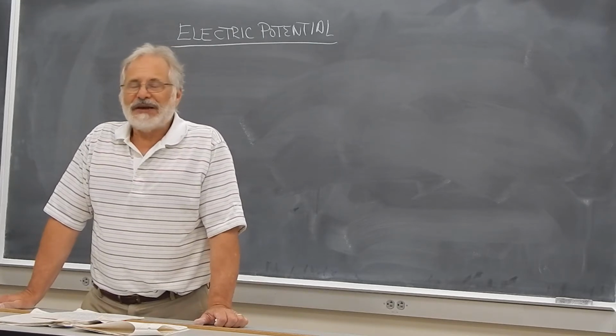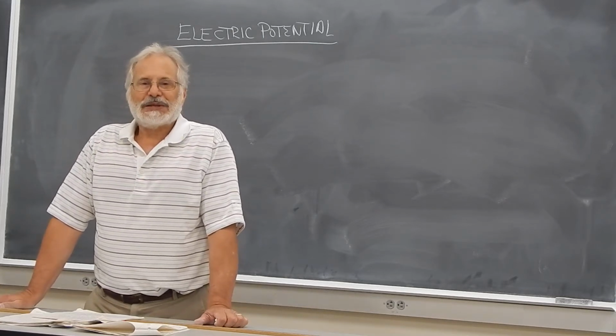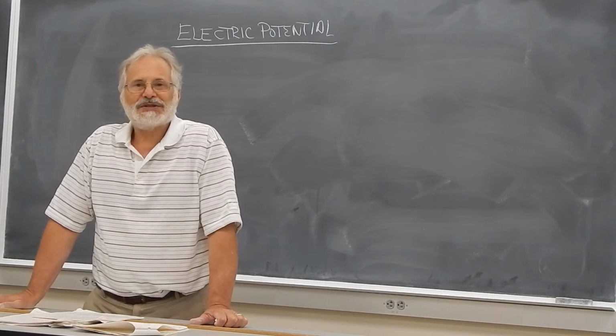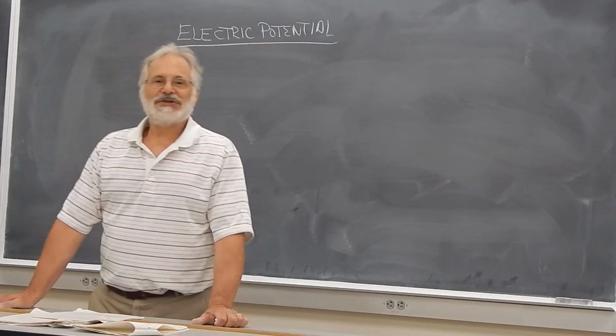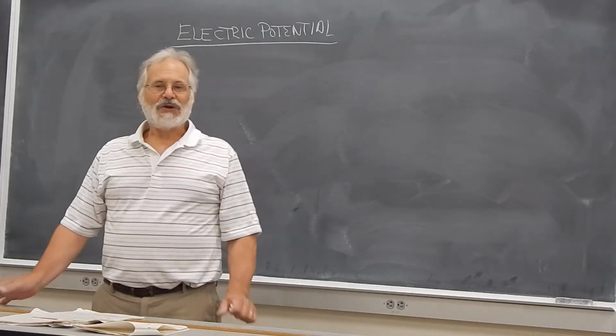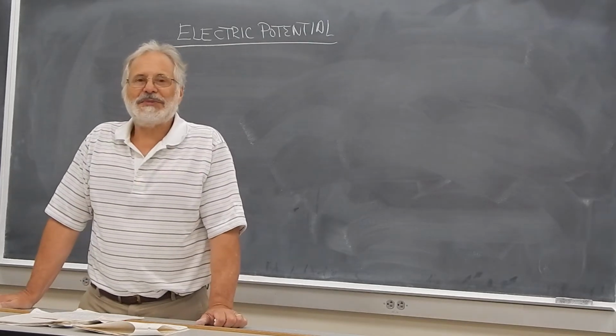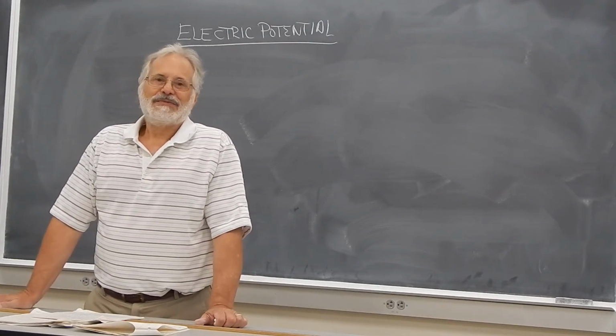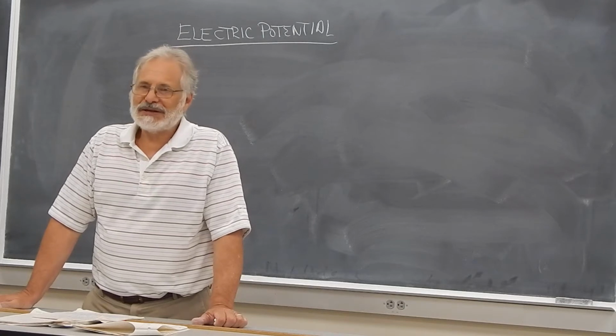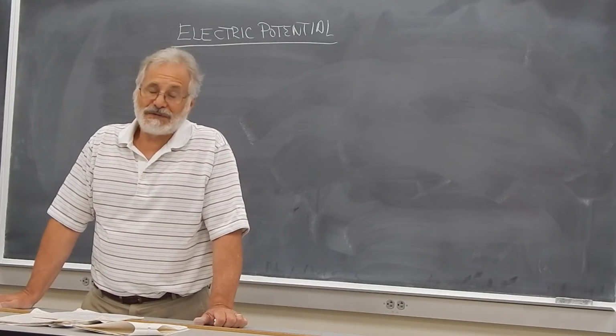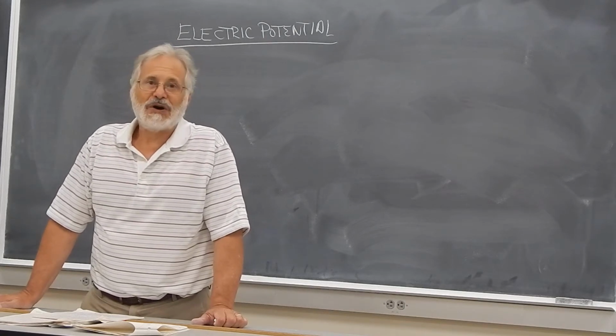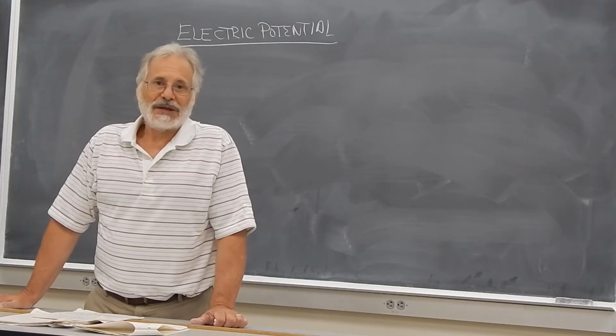So essentially, if you can find the potential due to a group of charges or a continuous charge distribution, you can almost immediately determine the electric field and then, of course, the force on some charge away from the distribution.